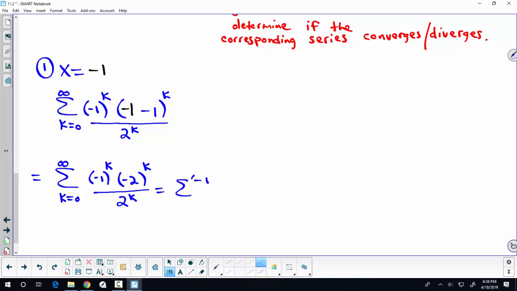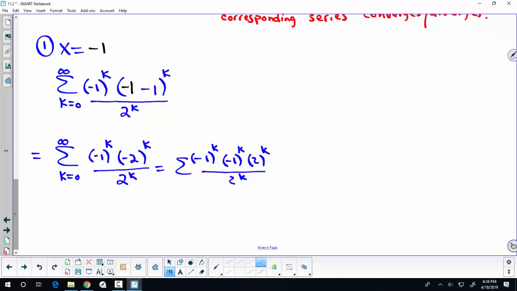The -2 to the k, we're going to rewrite as -1 to the k times +2 to the k over 2 to the k. So the 2 to the k's divide out. We've got -1 to the k times -1 to the k. We just move the -1 times -1 to the kth power, and you get 1 to the k, which is 1.